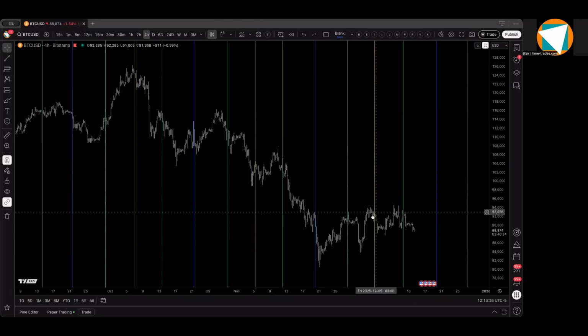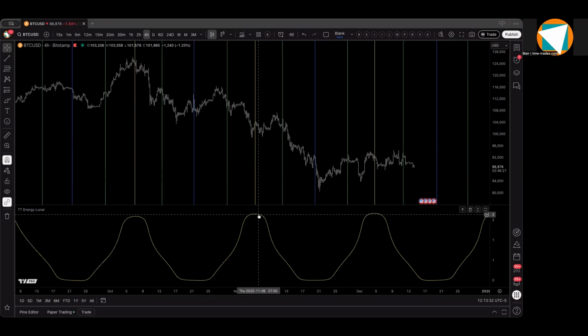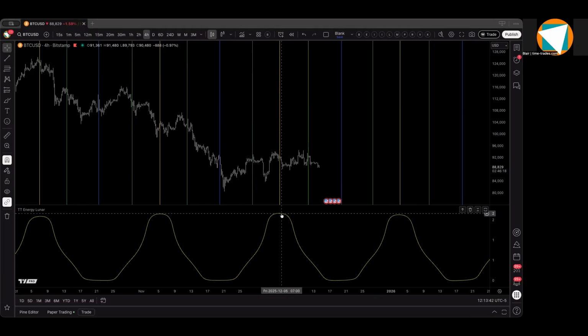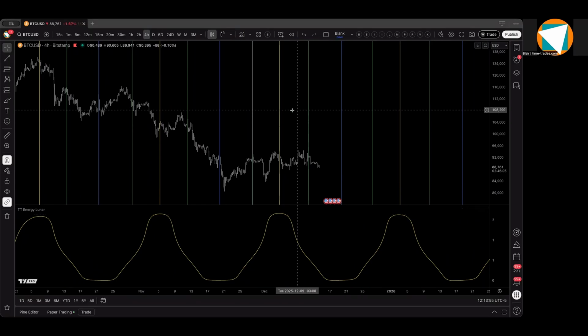This pump in Bitcoin into a full moon was quite weak. We can also see that this peak over here is the highest peak of energy. I think the energy peaks are going to start going down as full moons get further and further away from Earth. Okay, so lots of information encoded here. Lots of precision is used as well.